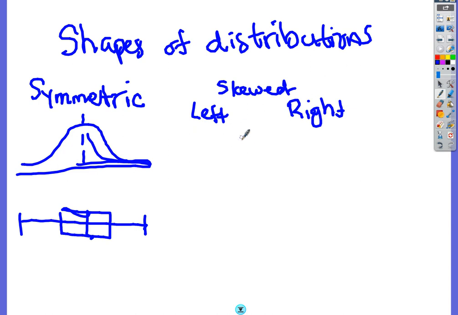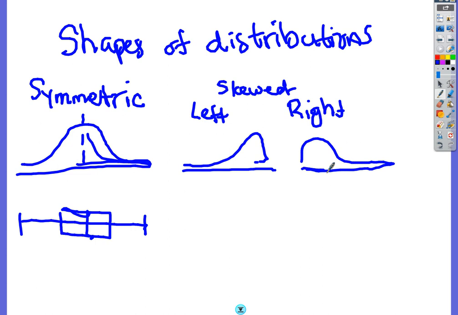To be skewed left basically means that it has a tail going to the left, like that. To be skewed right means that it has a tail going to the right. So when you look at your data, it should look something like that.